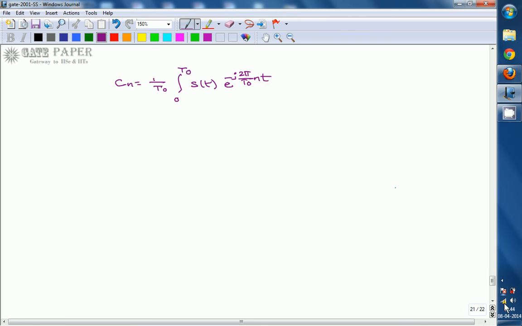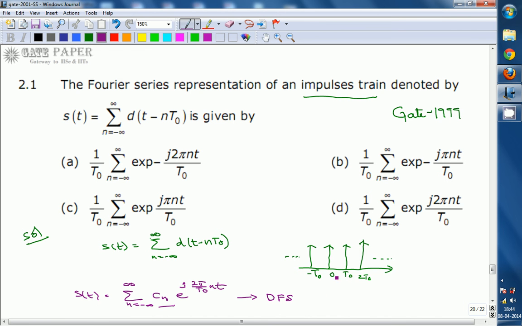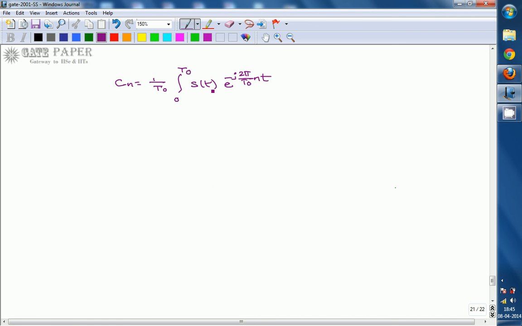We can observe that within the period 0 to T naught, we have only the impulse delta of t at 0. So the integration gives Cn equals 1 by T naught into s of 0 times e power minus j 2 pi by T naught n into 0, and this equals 1. Then the Cn value becomes 1 by T naught.